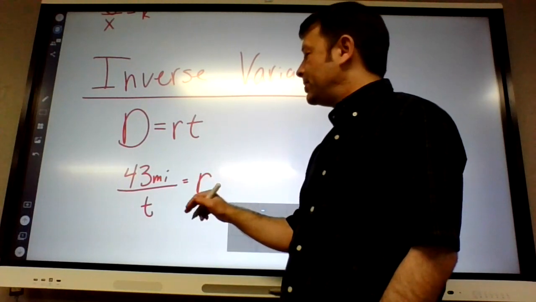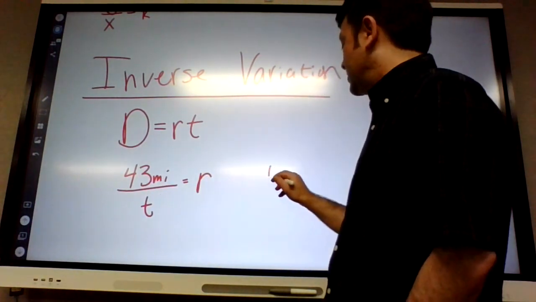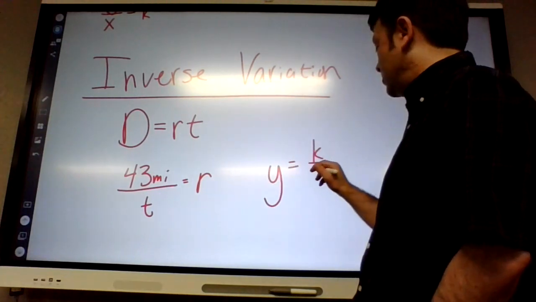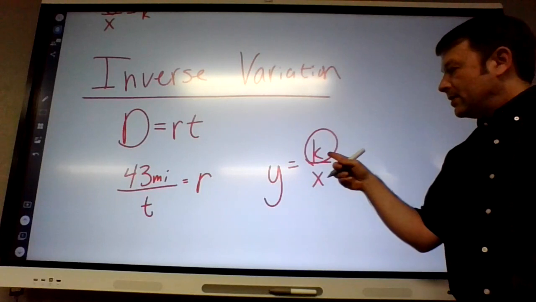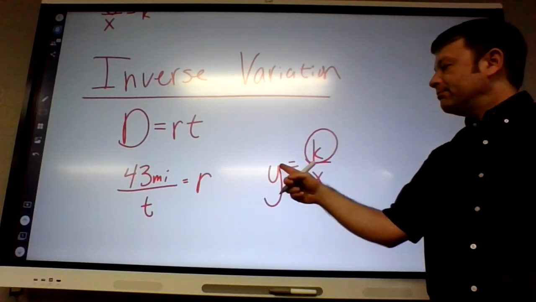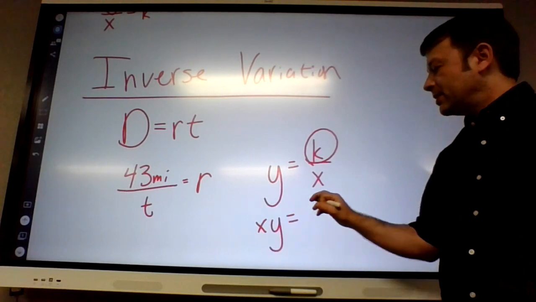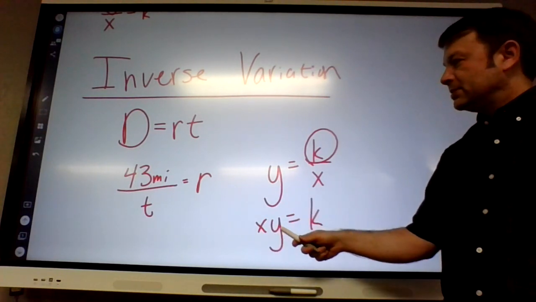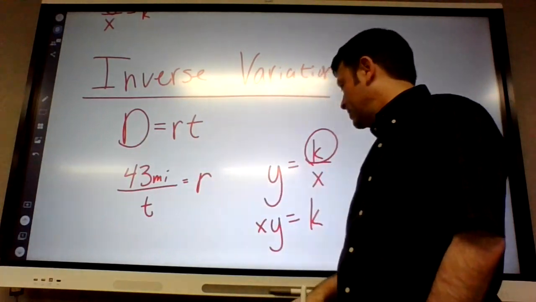But usually the inverse variation looks something like y equals k over x. So the constant of variation is there. But if you multiply both sides by x, it could also look like this.